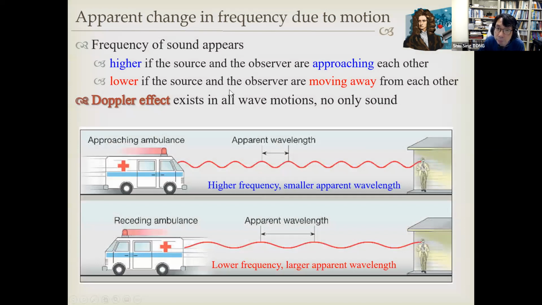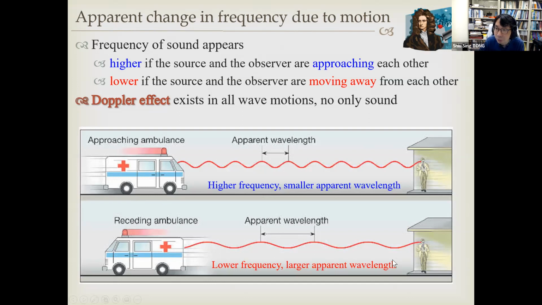Now, a common daily experience is that when an ambulance is approaching you, the sound frequency seems to be higher. The sound frequency you hear seems to be higher than when it is at rest, right? And when the ambulance is receding away from you, the sound frequency will be lower.